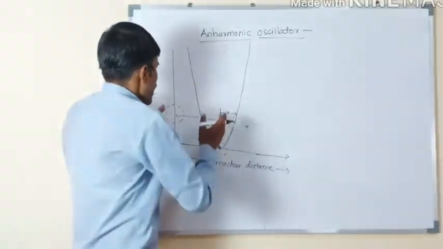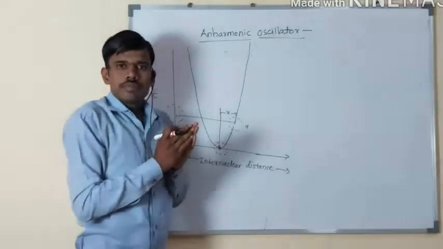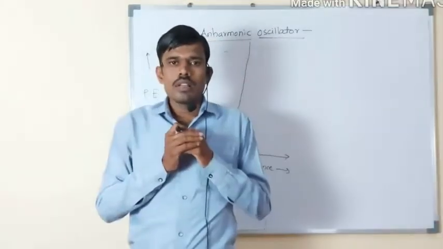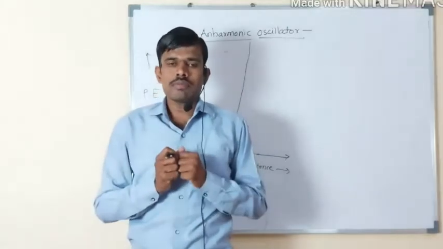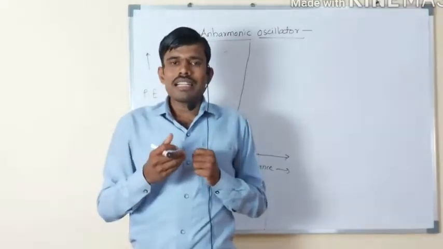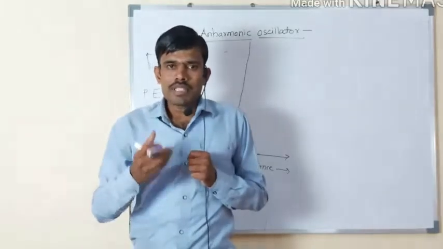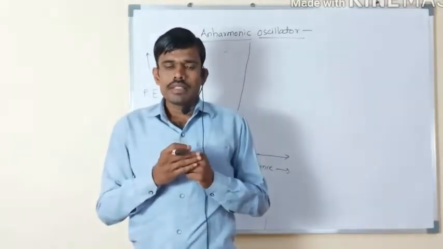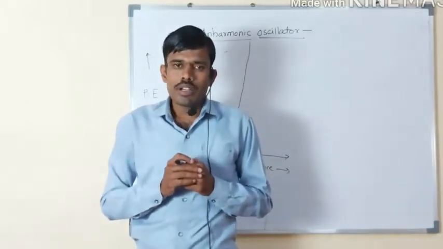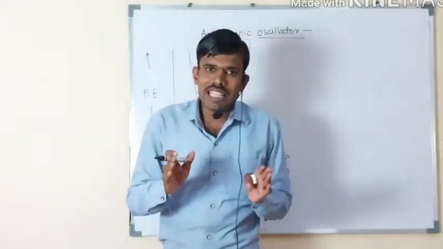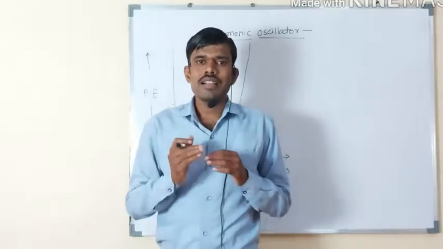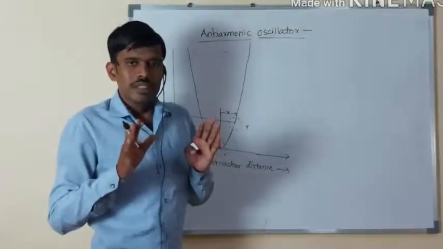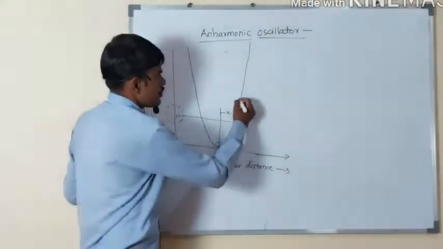That means up to a certain point, stretching is possible. If potential energy possessed by the molecule is greater than the strength of the bond, then breakdown of bond takes place.